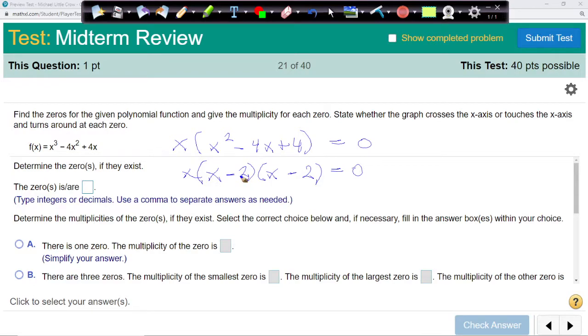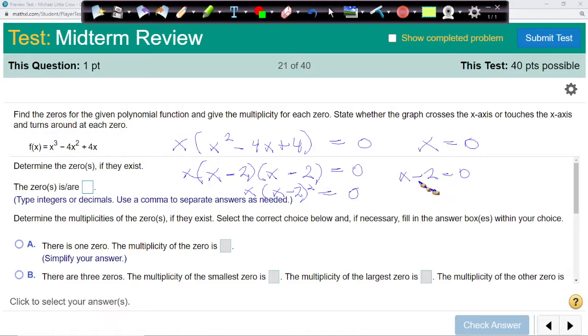This equals what we started with. So what I'm going to do, though, is x minus 2 times x minus 2 is actually x minus 2 squared. So that's about dealing with the multiplicity. So when we solve this, we get that x equals 0. That's one answer. x minus 2 equals 0, because if that's 0, then the whole thing's 0.